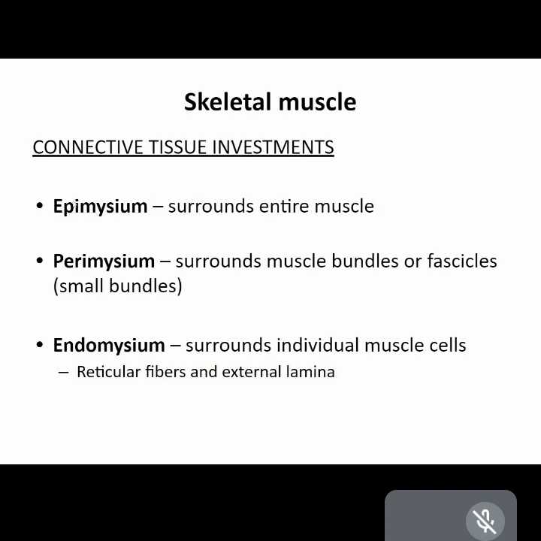Epimysium is the one that surrounds the entire muscle. The perimysium is the one that surrounds muscle bundles or fascicles or small bundles. And then the endomysium is the one that surrounds individual muscle cells. So epi is the entire muscle, perimysium is the small bundles, and then the endomysium is the individual muscle cells.